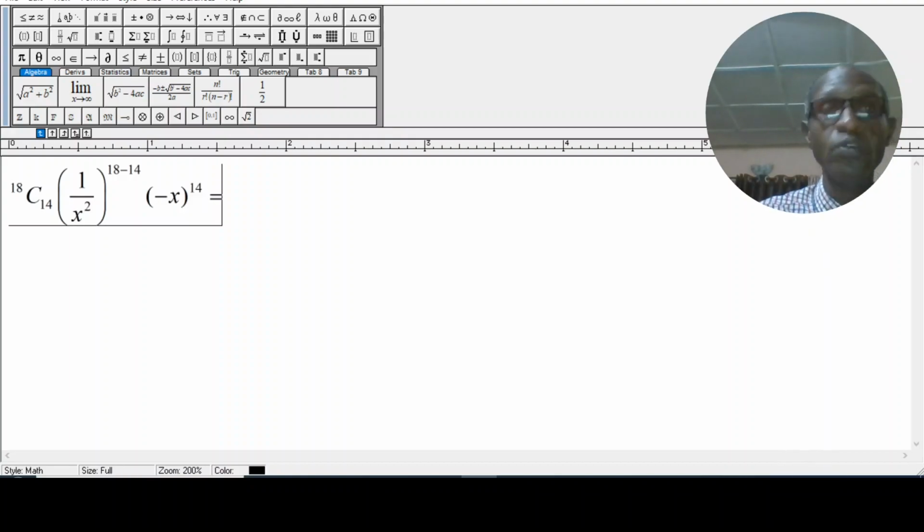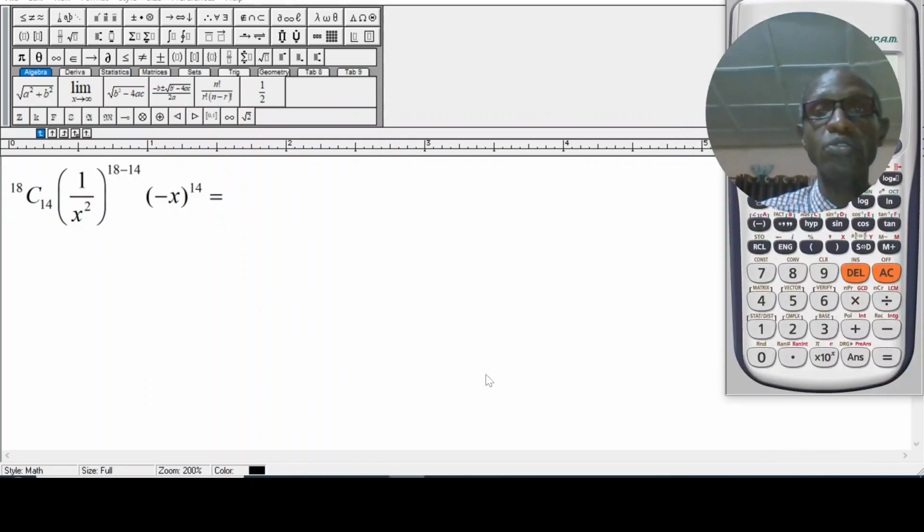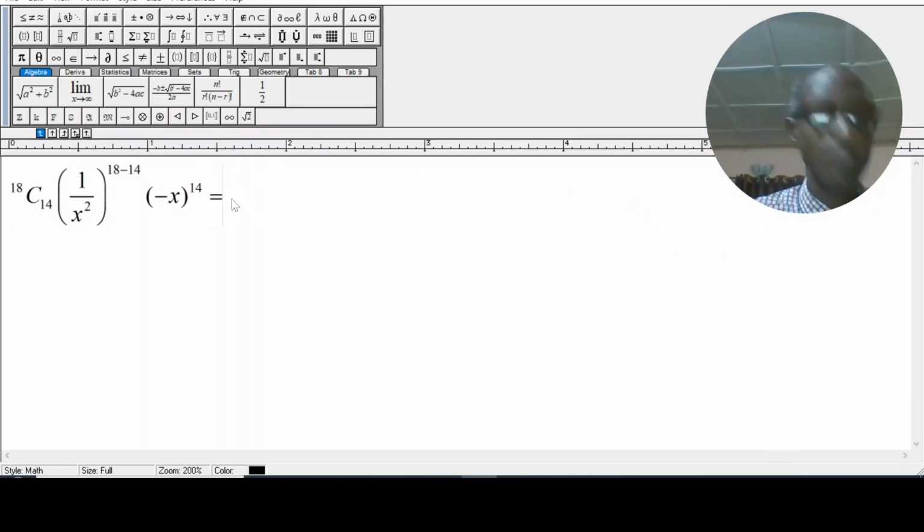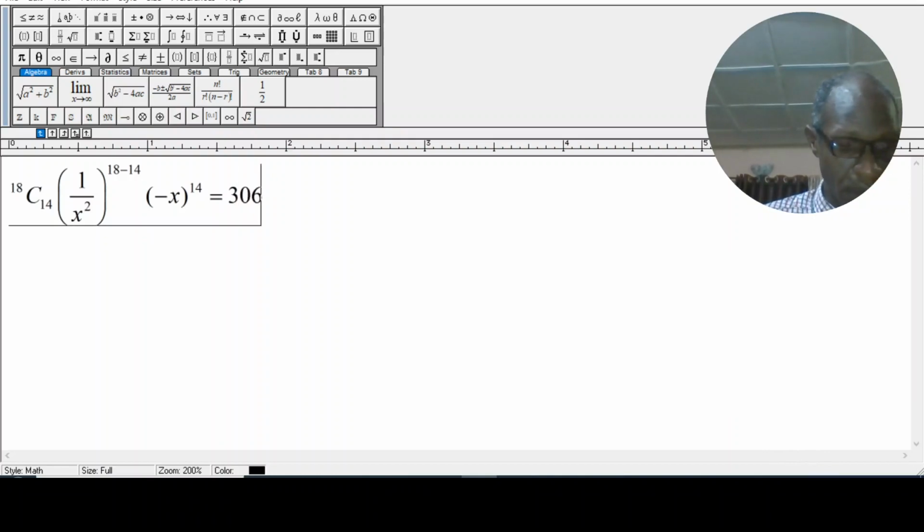So for the sake of our class, I want you to see it. So we have 18 combination 14. That's 3060. So we have that. And then by the time we expand, this will give me x raised to the power minus 2, and then this one will be 4.